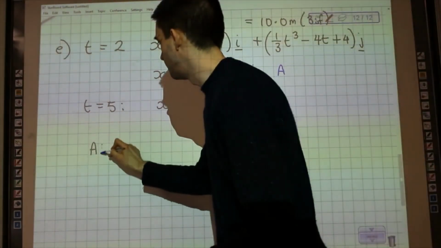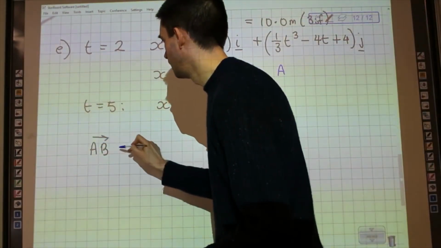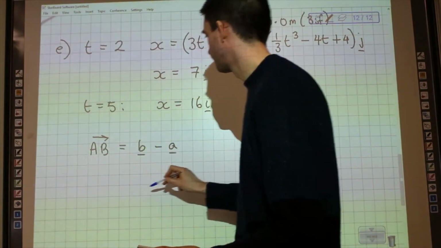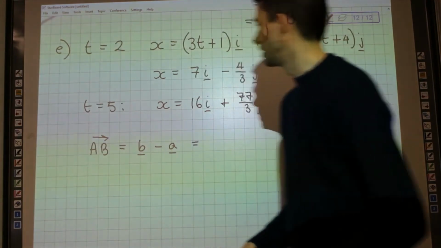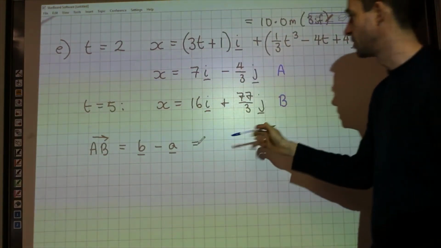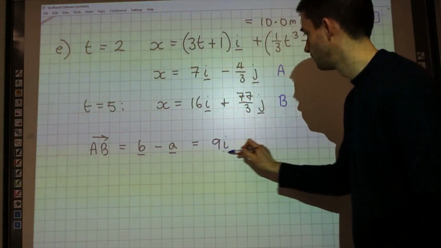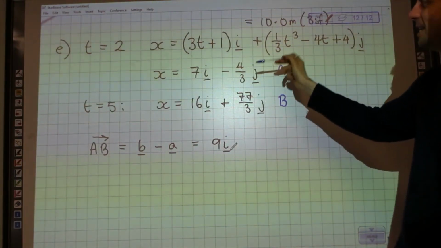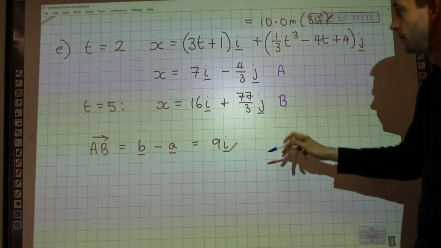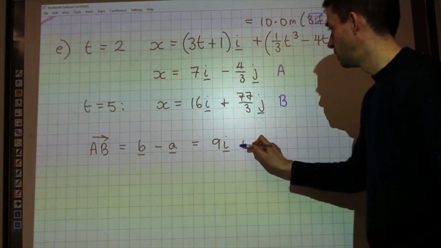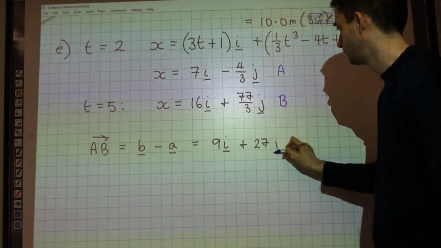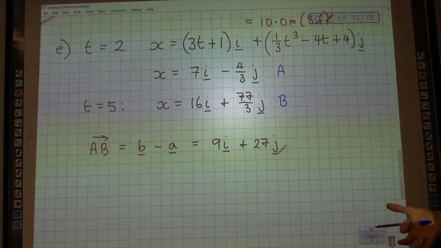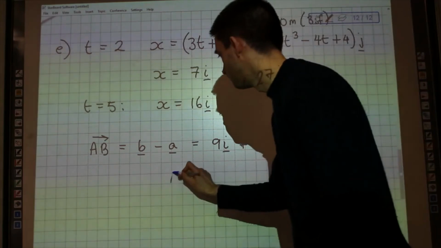Now for A to B, we're going to do B minus A. So that is going to give us here, if I do this one, take this one, it's going to give me 9i. If I do this one, take this one, 77, take negative 4, 81 over 3, which is 27. Okay. And I was asked to show that the magnitude of A to B was 9 root 10.